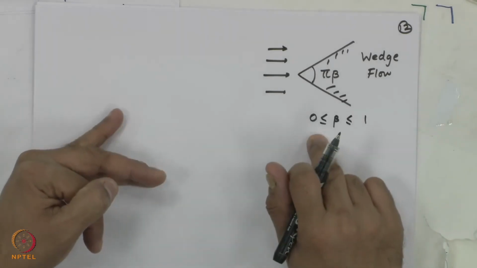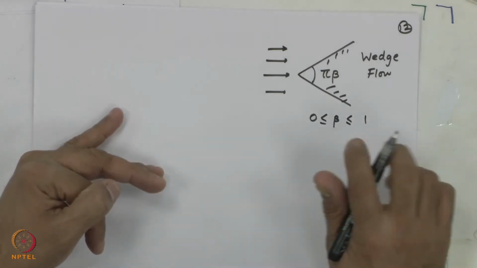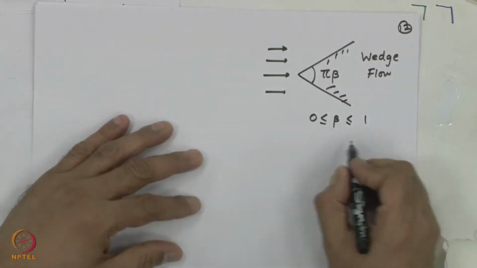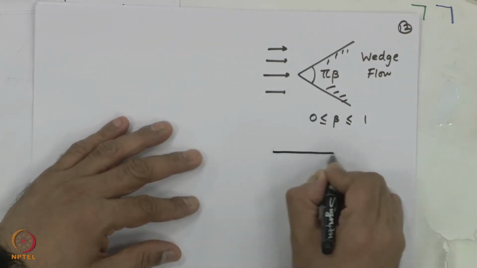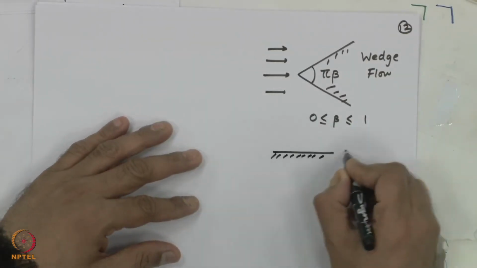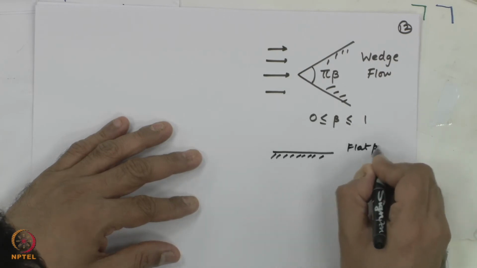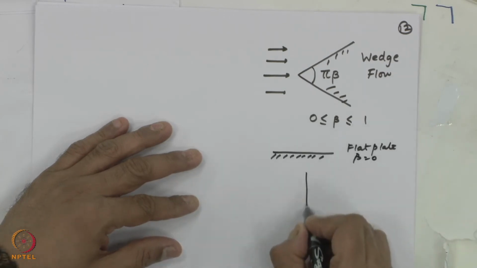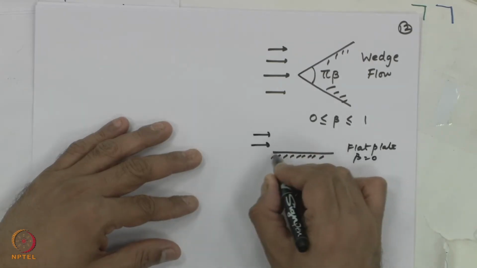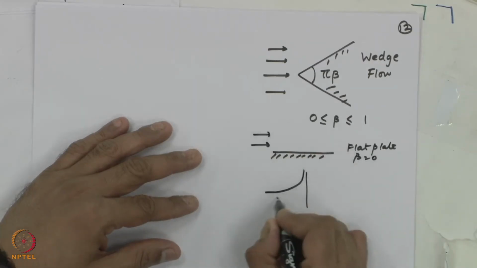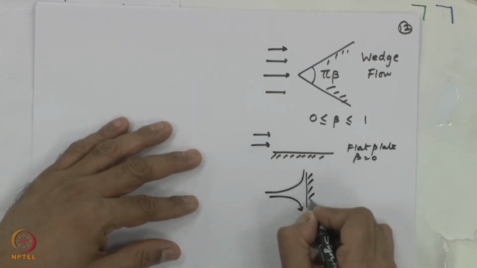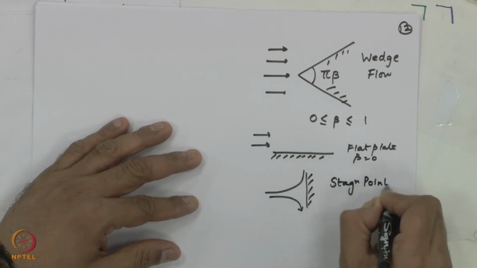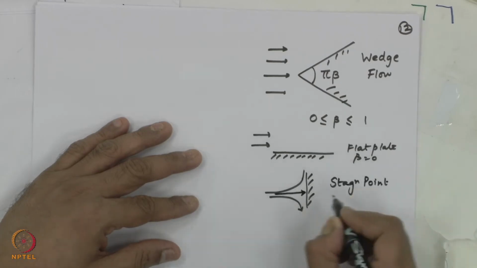When beta equal to 0, you would get a flat plate. When beta equal to 1, this angle would be pi, and you would get what is called stagnation point flow, where the jet comes and hits here.